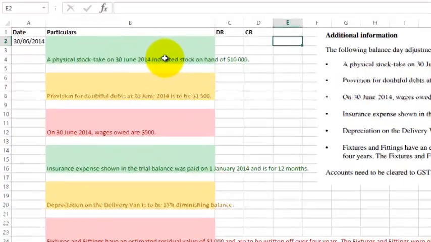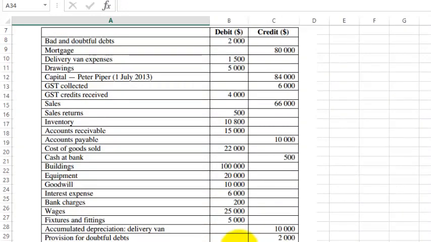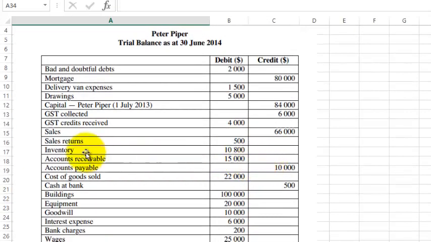Here I have a physical stock take to account for. It says that we've got $10,000 on hand, so I need to go back to my trial balance and see what the current balance is. It says here inventory $10,800, so we've actually got a loss of $800.